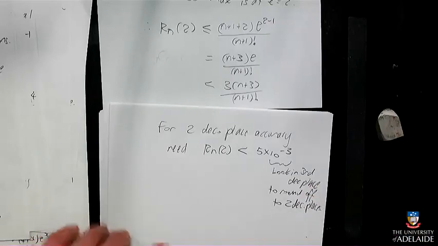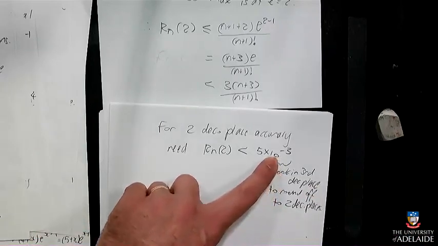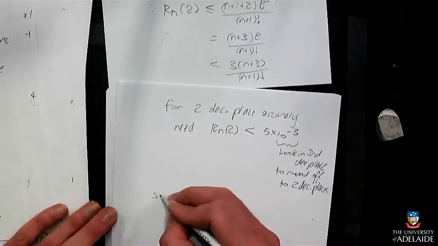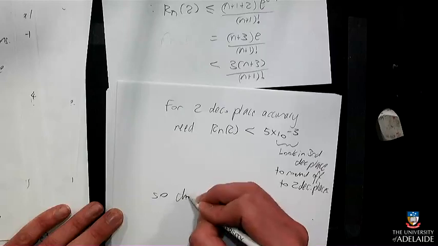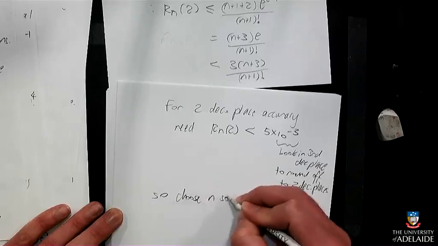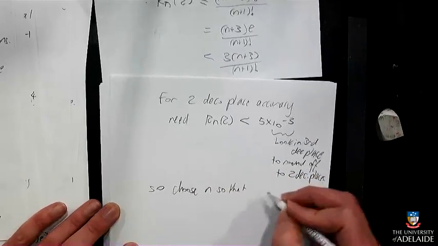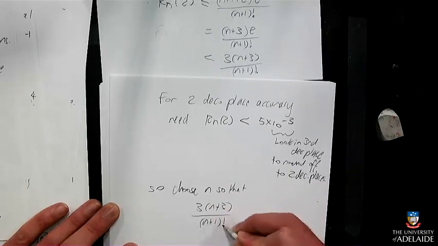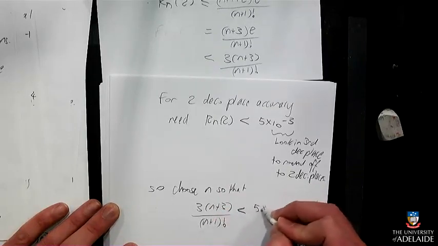So if you want to round off to 2 decimal places, you have to look in the 3rd decimal place in order to decide. Okay, so we will choose n so that this is less than 5 times 10 to the minus 3.